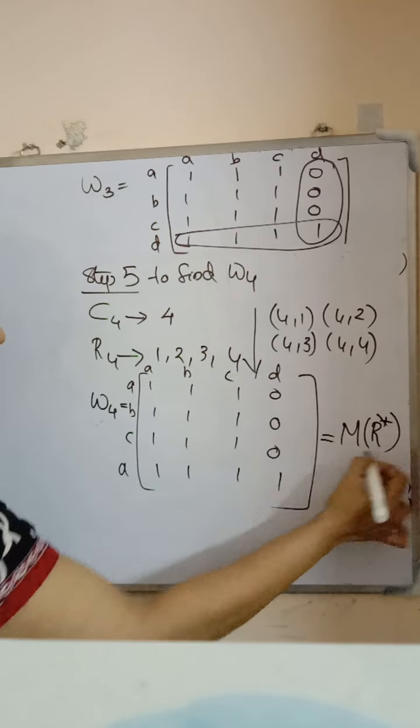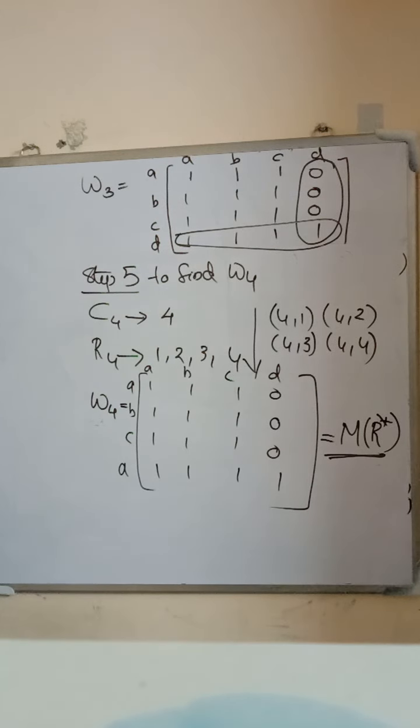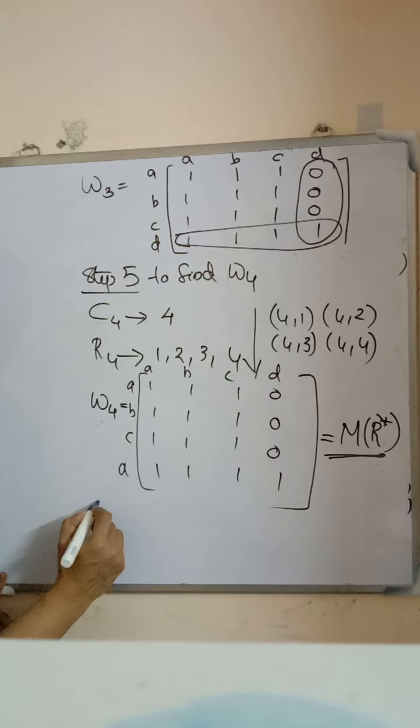So it is M R star. Here the relation given in this question is not transitive, but we make this relation transitive. We can also write this transitive closure.